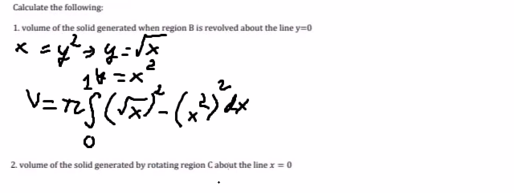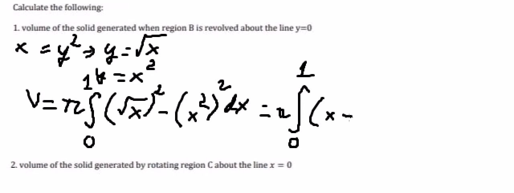So we get pi multiplied by the integral from 0 to 1 of x minus x to the power of 4 dx.